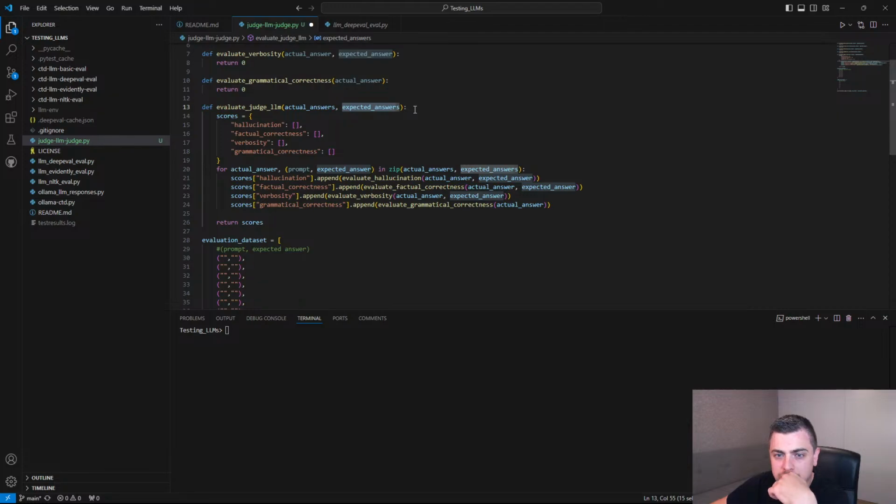If I use, yes, because from that list, from that second part of the tuple, it makes a list and iterates through this.